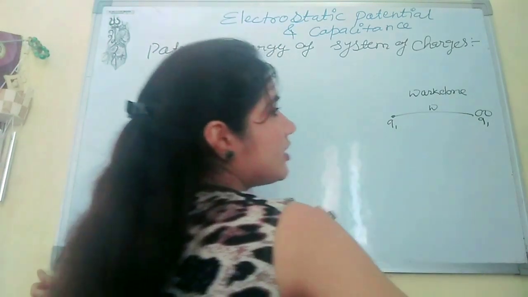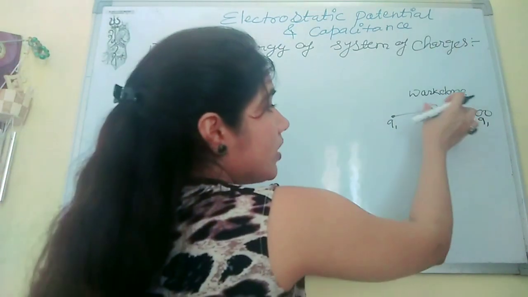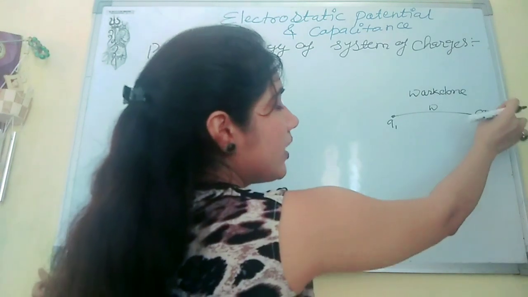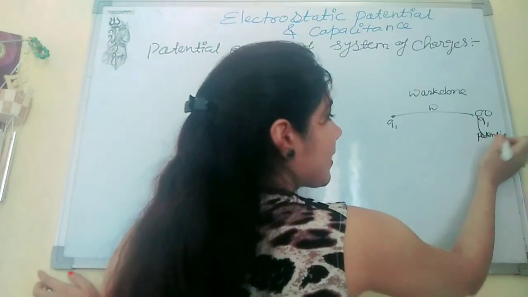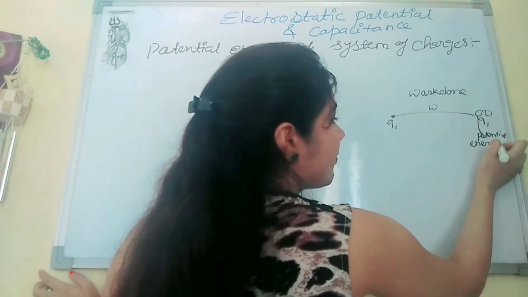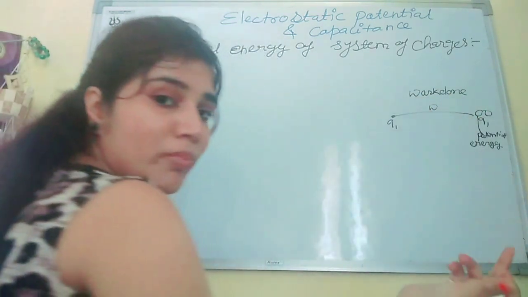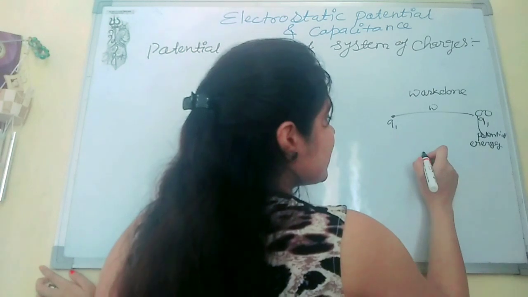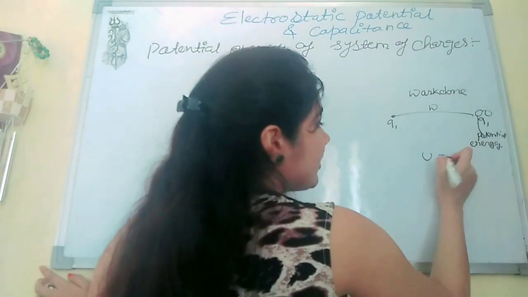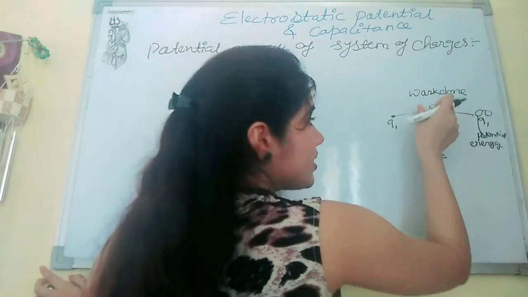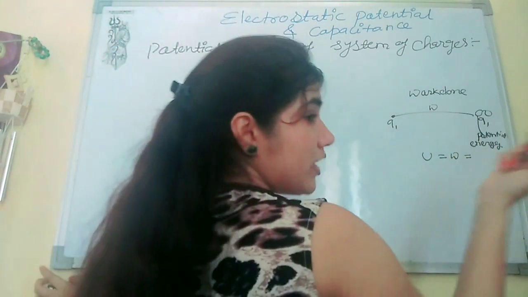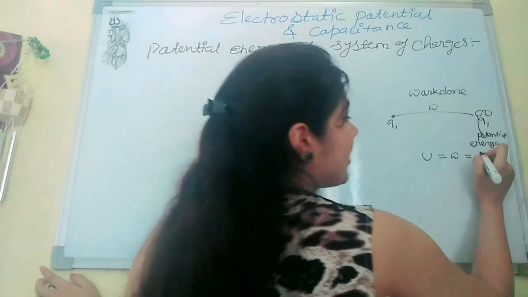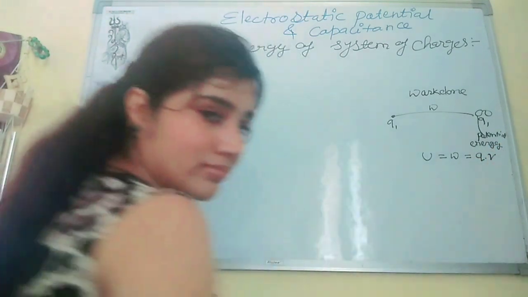We apply work, and the work done is stored in the form of potential energy in this charge. We express it by U, that is potential energy, and it is the applied work done, W, and the expression for this in the form of potential is Q into V.